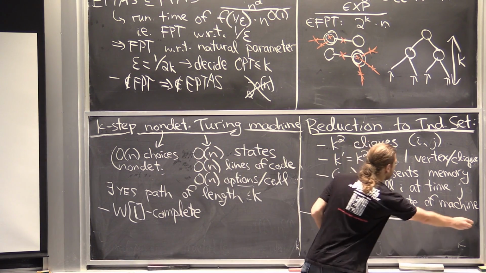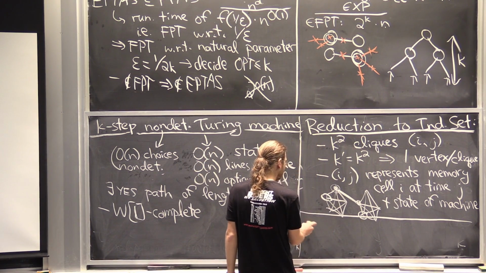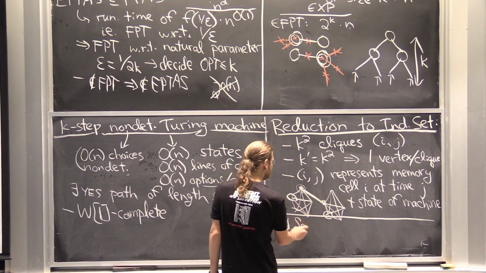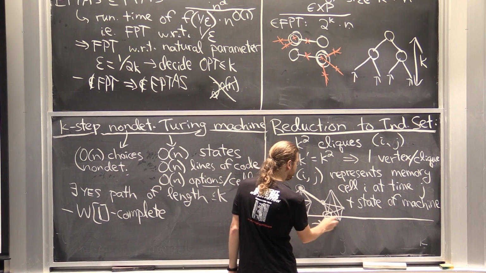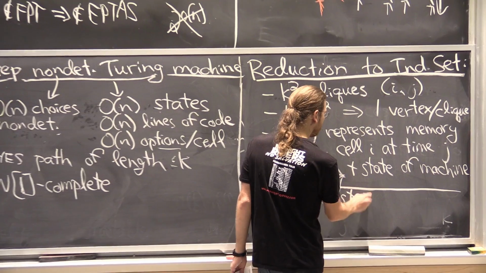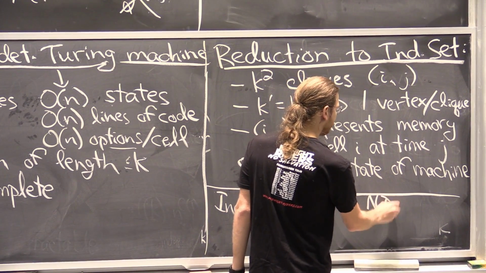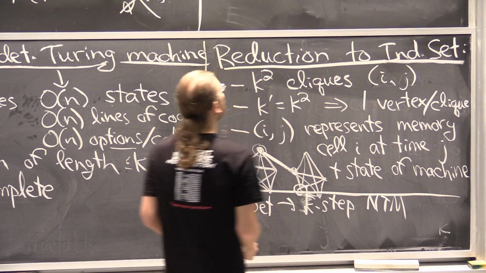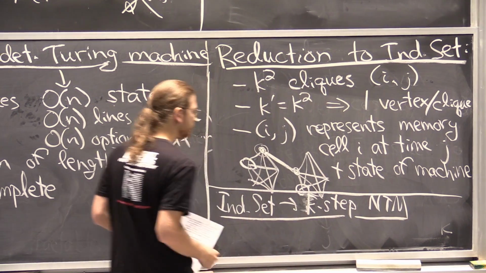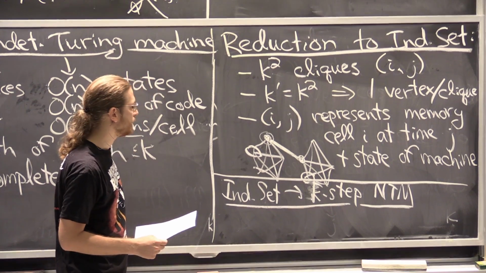W1 complete. So we can do a reduction from independent set to a k-step non-deterministic Turing machine. And the idea is pretty simple.